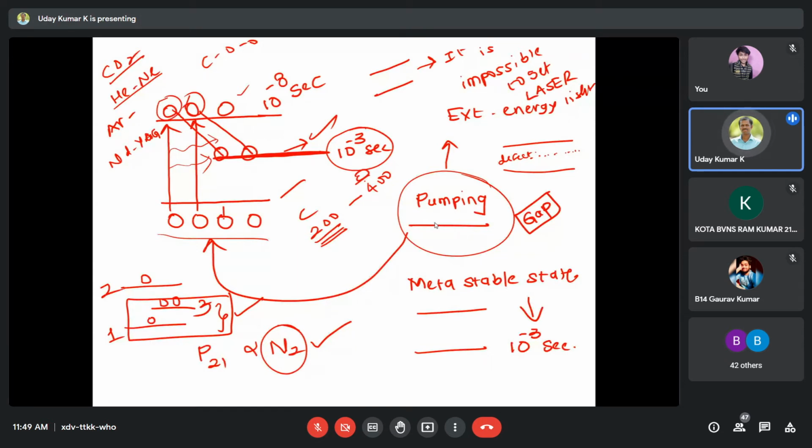Now this impurity is nothing but an atom only, right? You are trying to replace the original atom with some impurity one. So the original atom will have valency and higher energy level, and the doped impurity atom also will have some energy level, isn't it right?